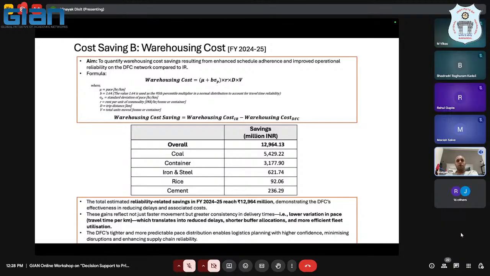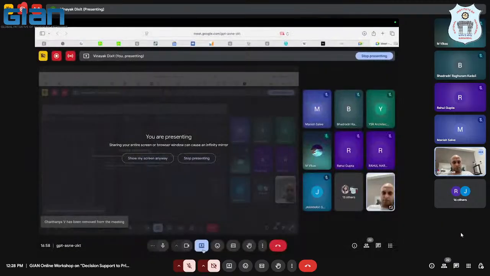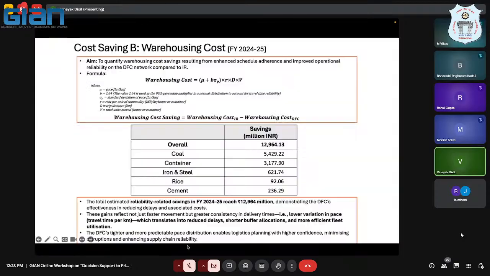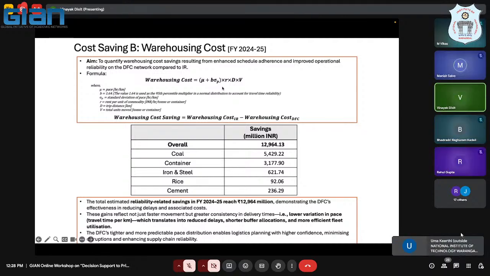Mu is the amount of time it would actually be held at a warehouse. So you're paying rent for that.